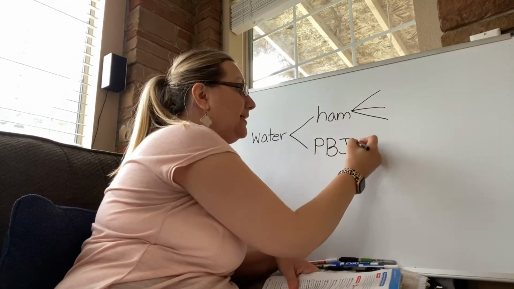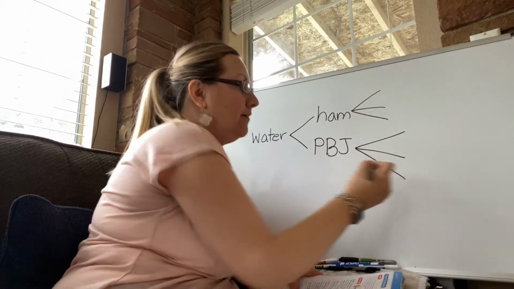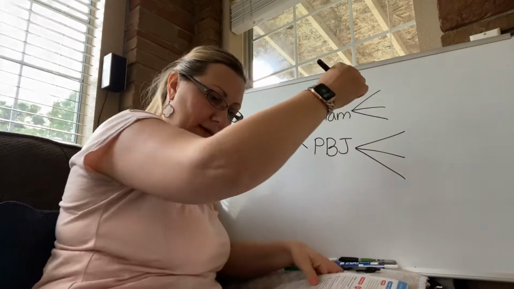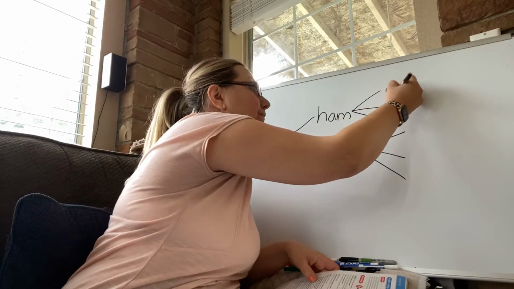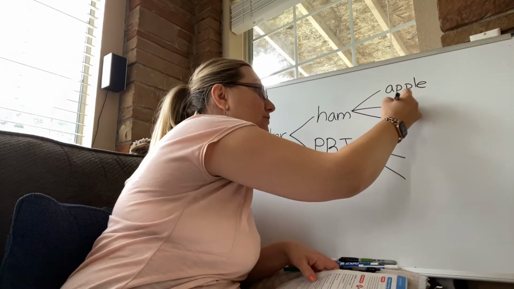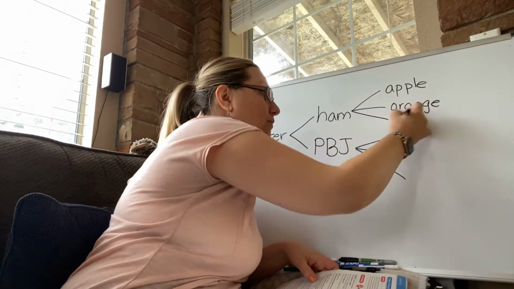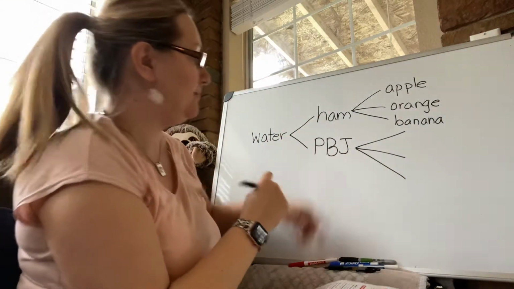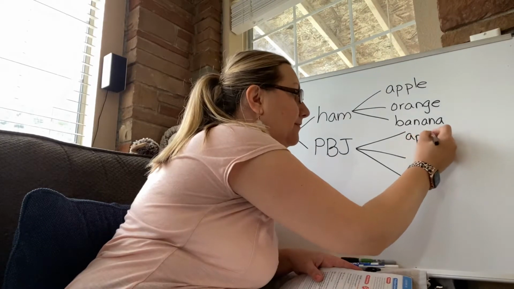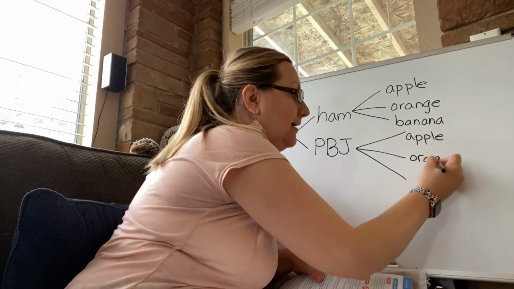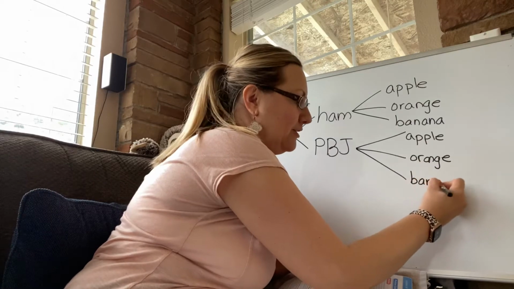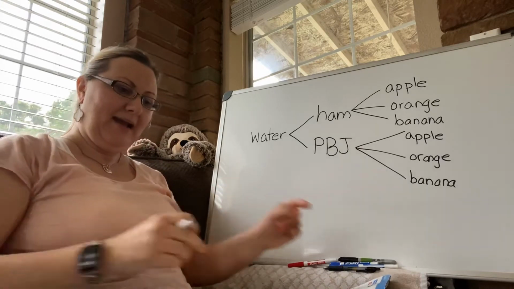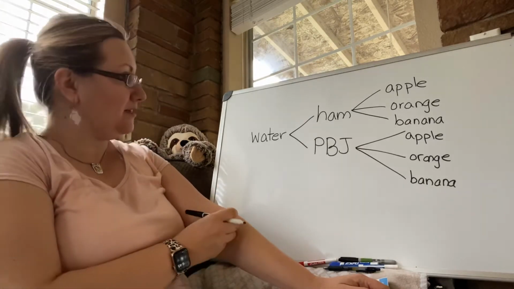So our little tree is going to branch off and repeat those 3 choices both times. So he can have an apple, an orange, or a banana with the ham sandwich, or an apple, an orange, and a banana with his peanut butter and jelly sandwich.